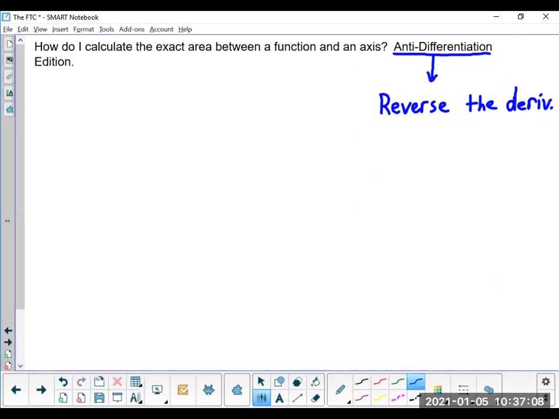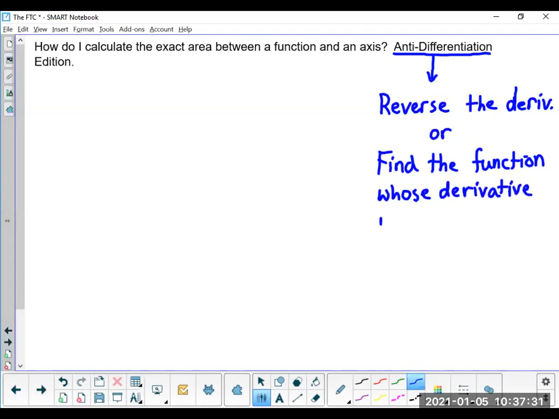It means literally reverse to get the derivative, or find the function whose derivative is given to you. That's what it means to do an antiderivative. So you're reversing the process of differentiation with all those shortcuts and things we did.